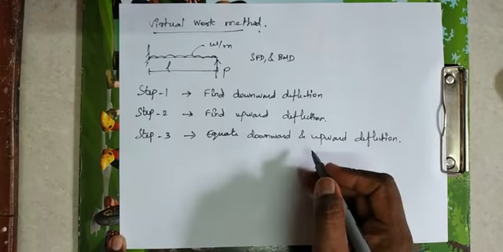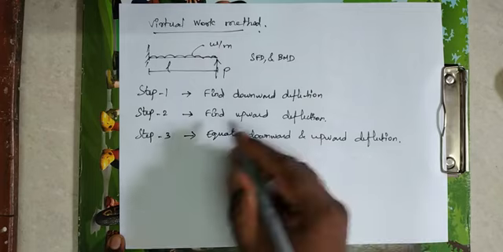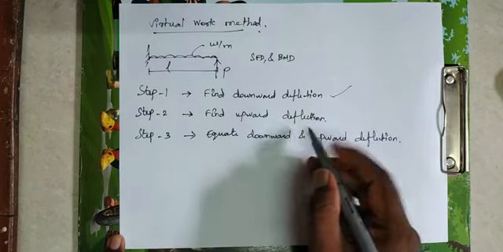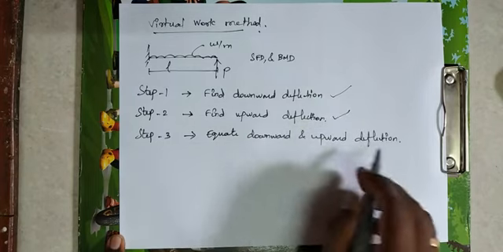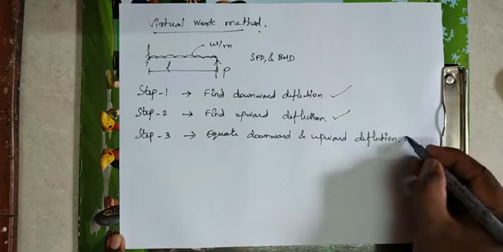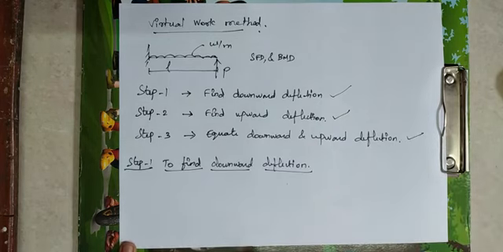There are three steps to find the prop reaction by using virtual work method. Step 1 is finding the downward deflection and step 2 finding the upward deflection. Then by equating the downward and upward deflection we can find the prop reaction. Let's see one by one.